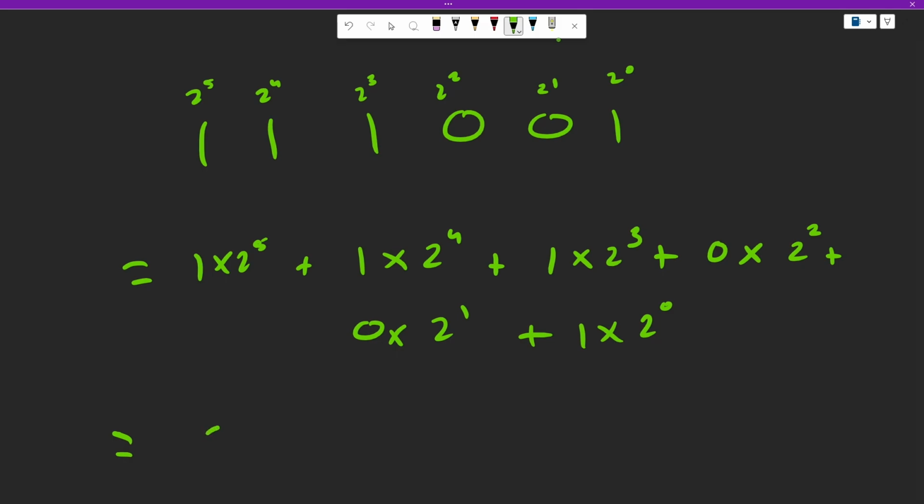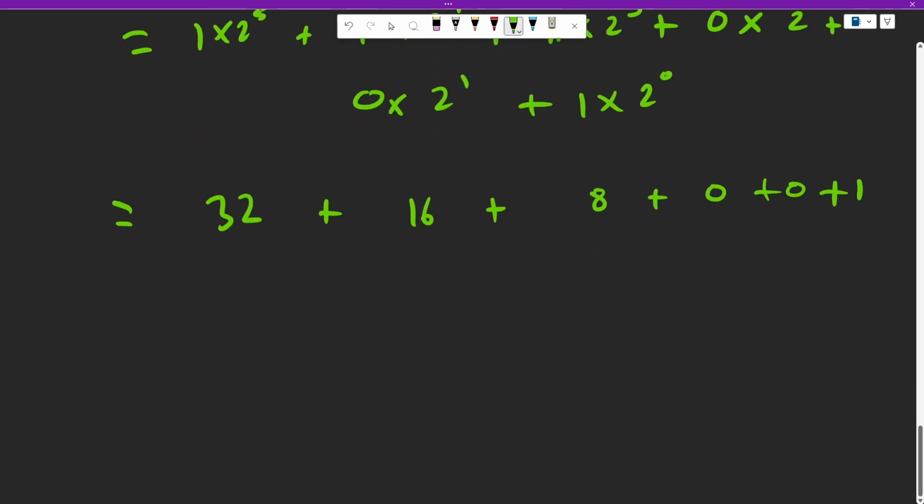So this is 32 plus 16 plus 8 plus 0 plus 0 and plus 1. Let's add these. 32 plus 16 is 48, plus 8 is 56, plus 1 is 57.